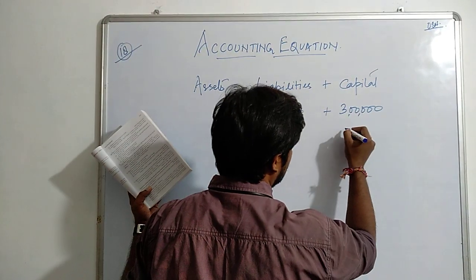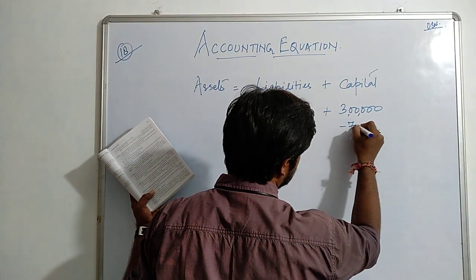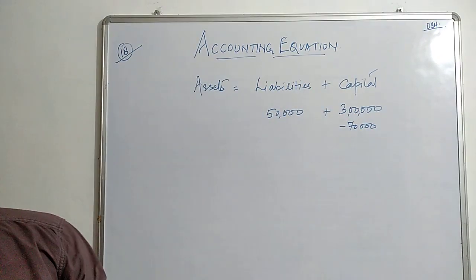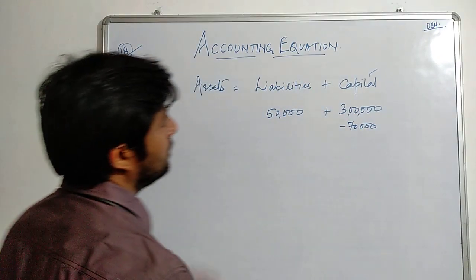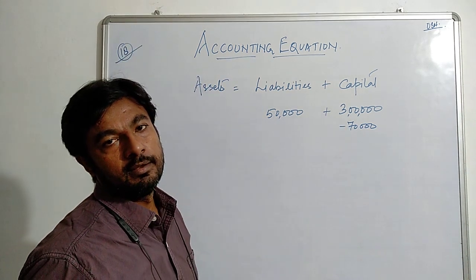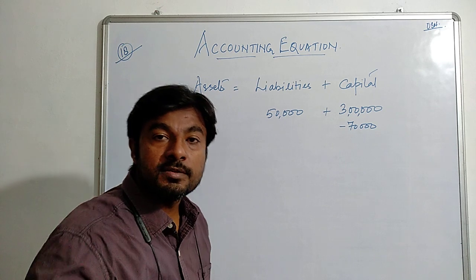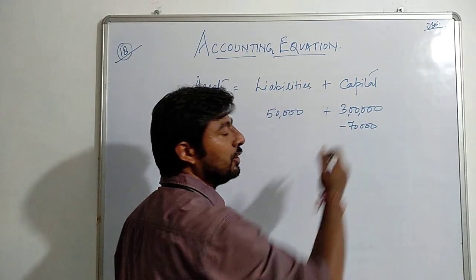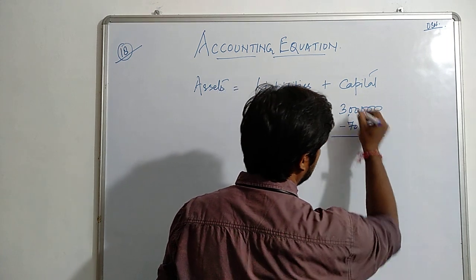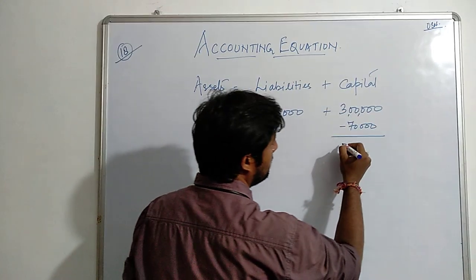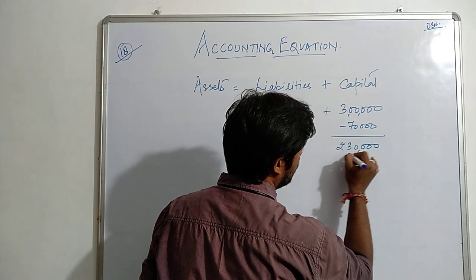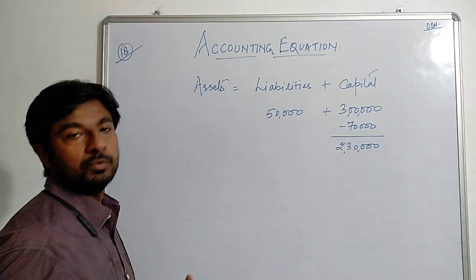We all know that if there is a loss, we treat the loss in the capital only. With the effect of loss, the level of capital is going to decrease. So here we have to decrease the level of capital, and it comes to 2,30,000. Hope this point is very clear to all of you.